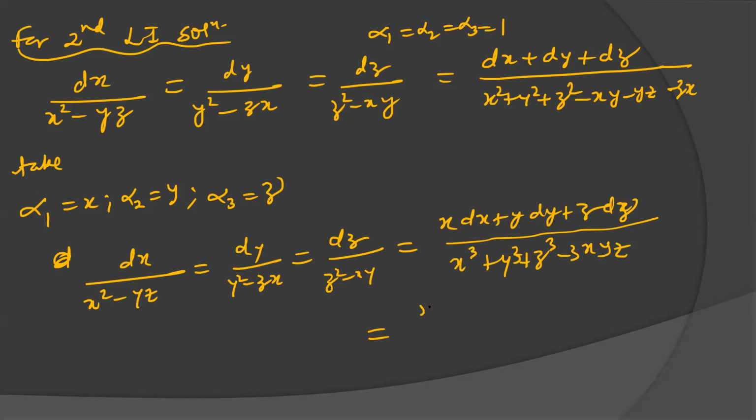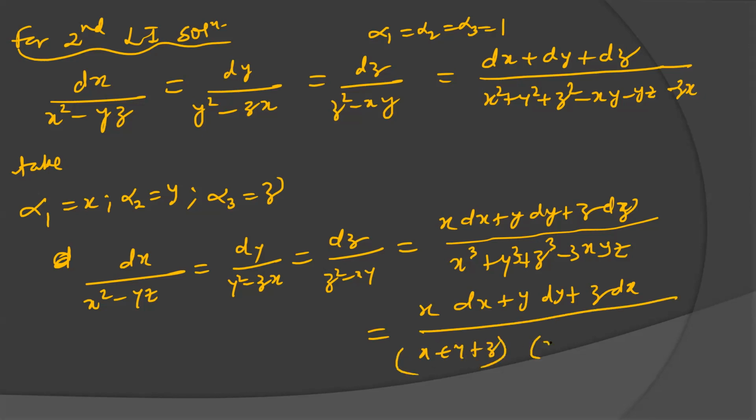And I have already told you this formula is equal to x plus y plus z times x square plus y square plus z square minus xy minus yz minus zx.